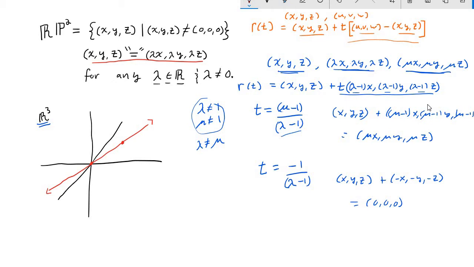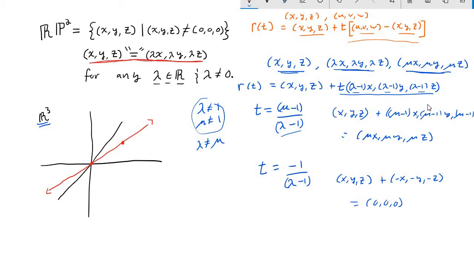So in other words, what's happening over here in RP2 is I'm imagining that all the points on this line are representing the same thing. That's what I'm saying over here with this equality, right?